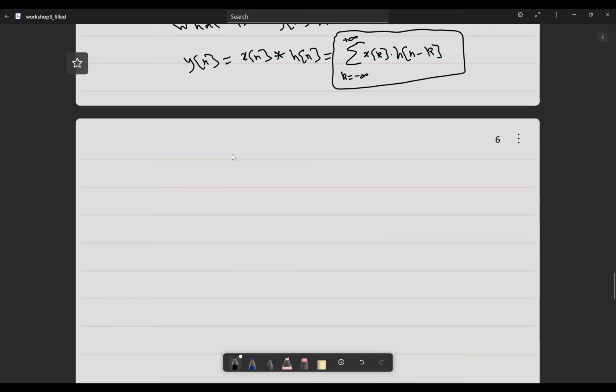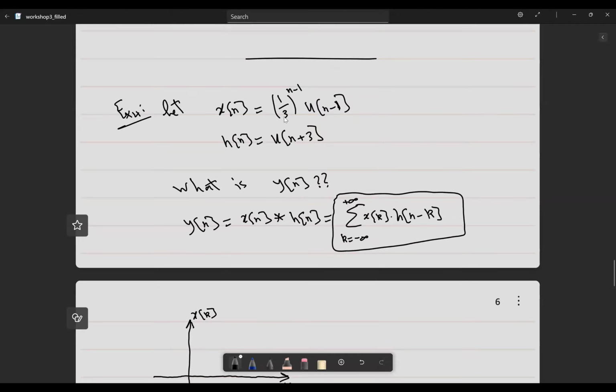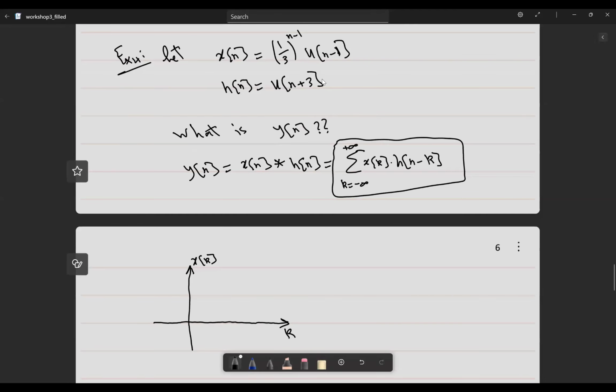So to plot x[k], this is k, the time variable, and this is x[k]. It's (1/3)^(n-1) u[n-1]. First, u[n-1] is non-zero only over which n values?